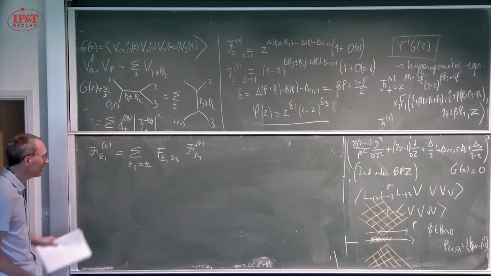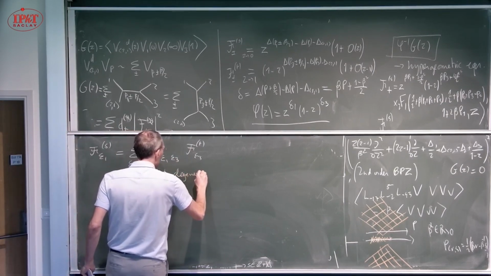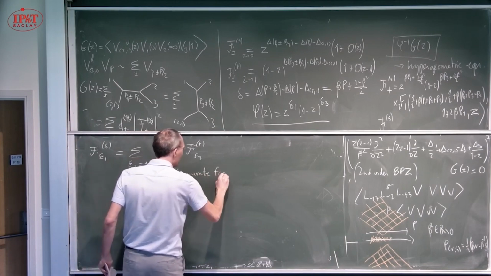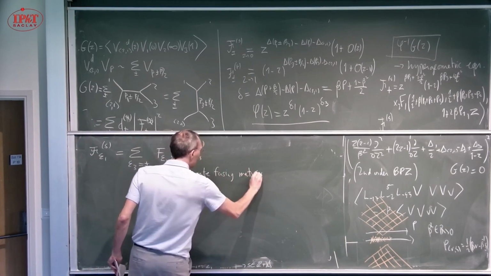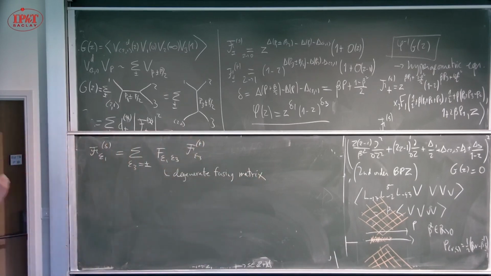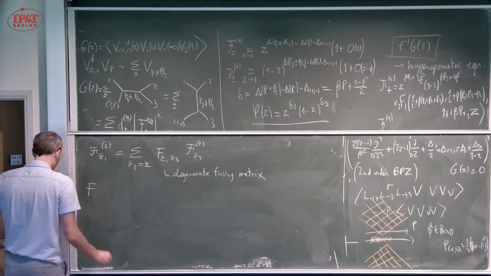So this F is called the degenerate fusing matrix. And we know this fusing matrix because we know everything about the hypergeometric function.